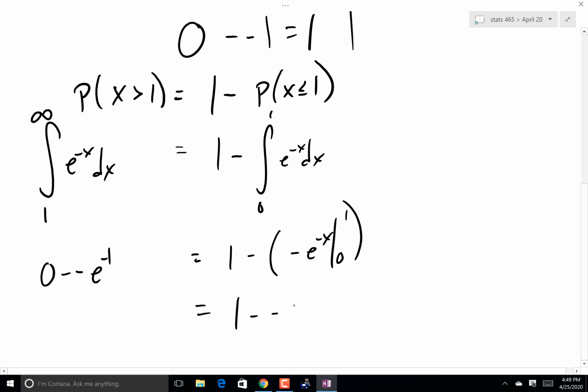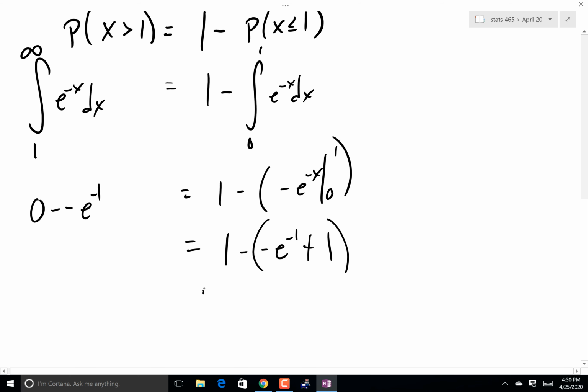So you get 1 minus, and then on the top end, e to the negative 1, minus a minus 1. So if you do that, you will get 1 plus e to the negative 1 minus 1, which is the same thing, meaning that it doesn't matter how you go about this.